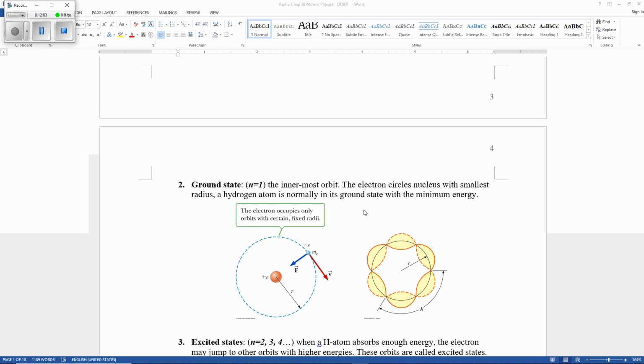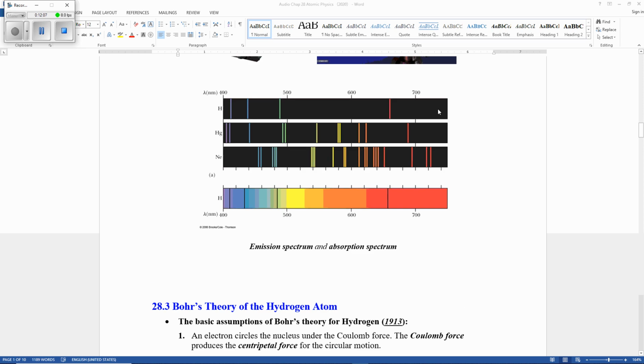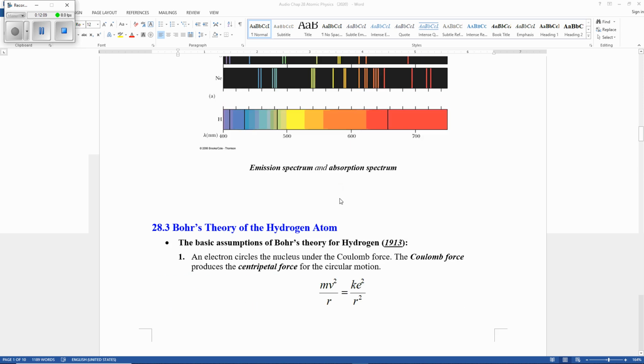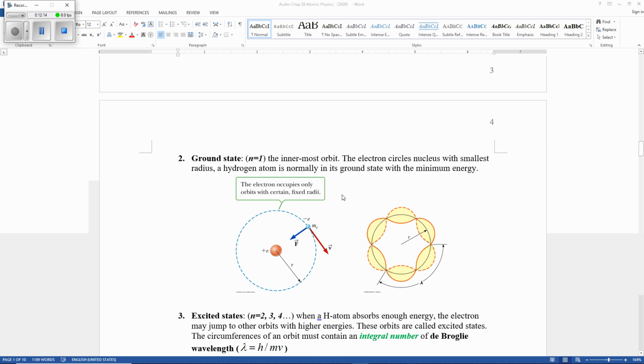So now Bohr tries to explain what happens in this spectrum, why we have those colors. We're going to skip the mathematics and only discuss the conclusion. He said under the electrical force between proton and electron, the electron just circles like this, making a circular motion.